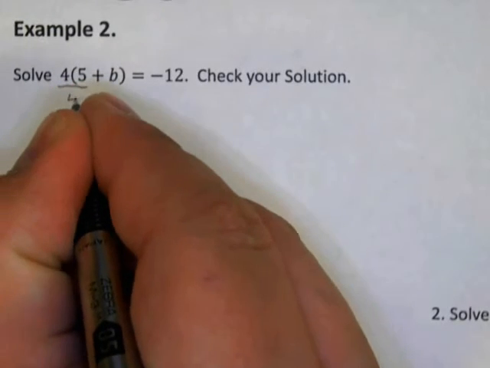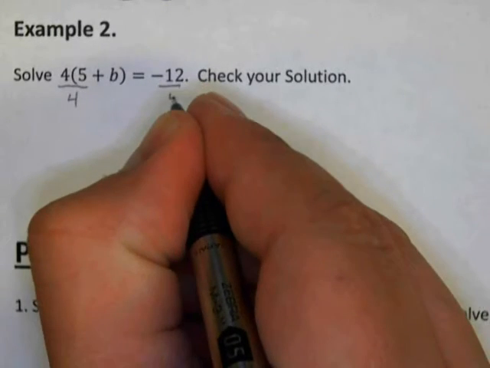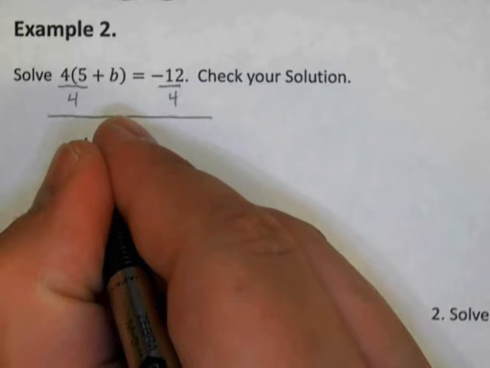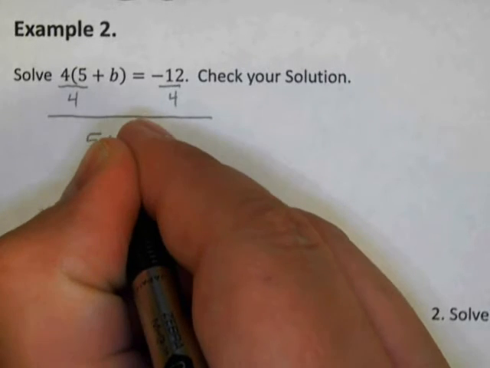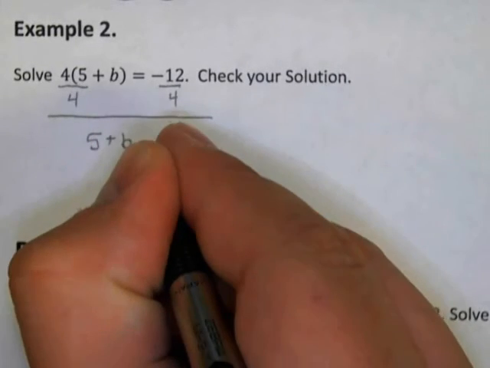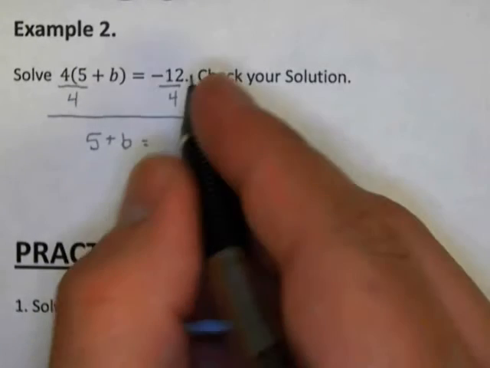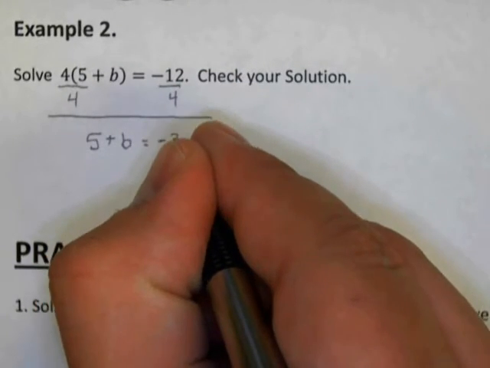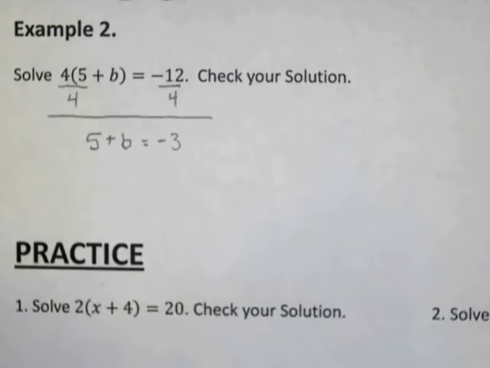If we divide by 4 on both sides, 4 divided by 4 is 1, so we're left with just 5 plus b. Again, I can drop those parentheses. And negative 12 divided by positive 4 is a negative 3. Negative 3 times 4 is negative 12.